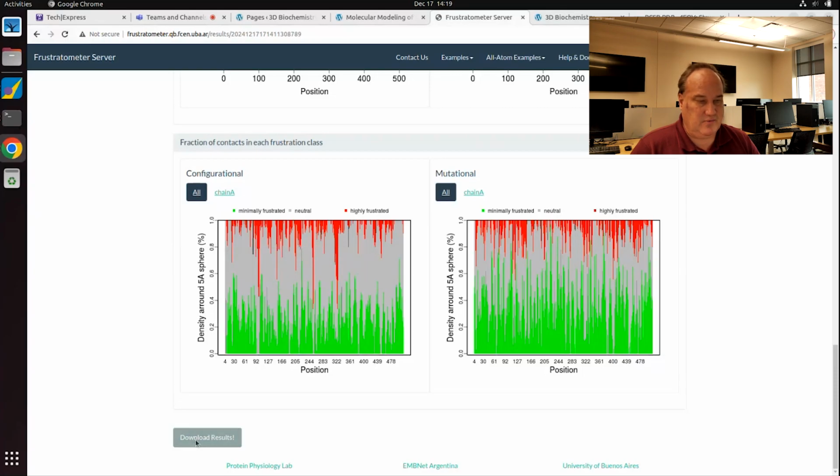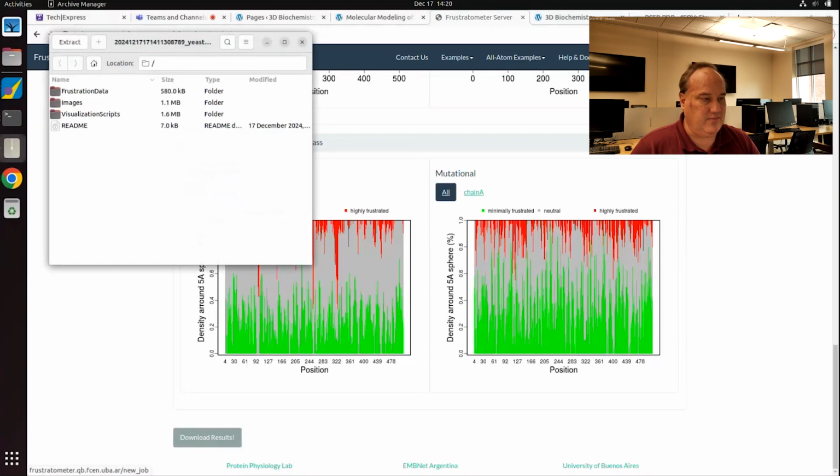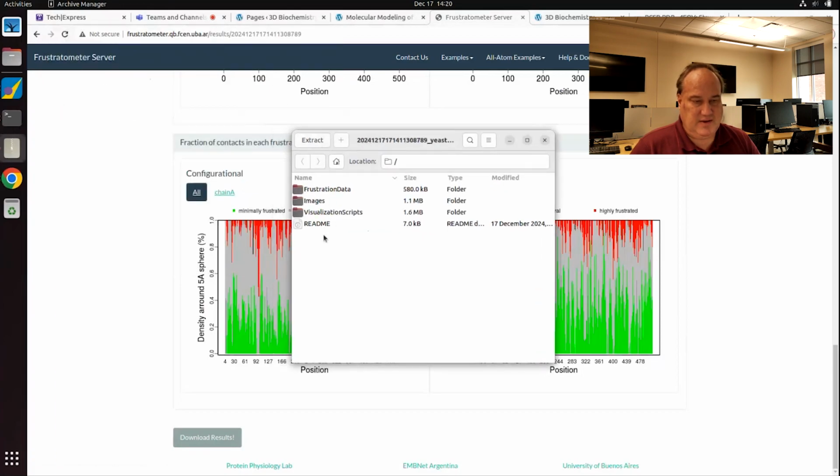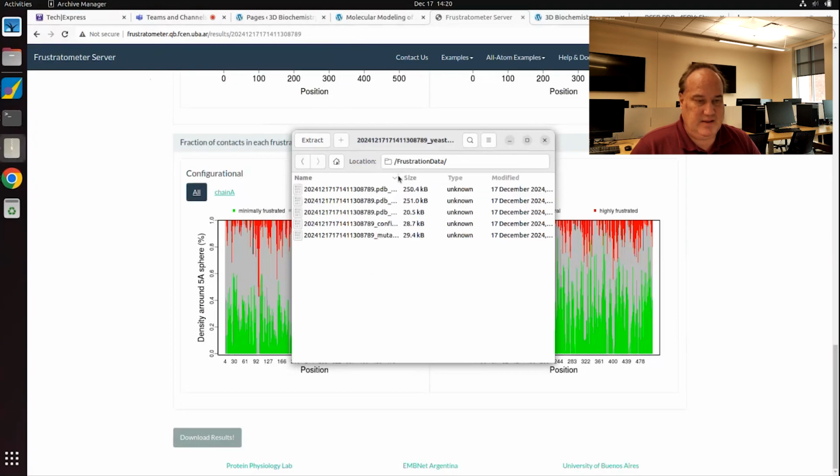So let's download our results. This downloads as a RAR file. And this gives you all the information that you have. I'm interested in frustration data. And for the file that contains our information, we want the configurational frustration.